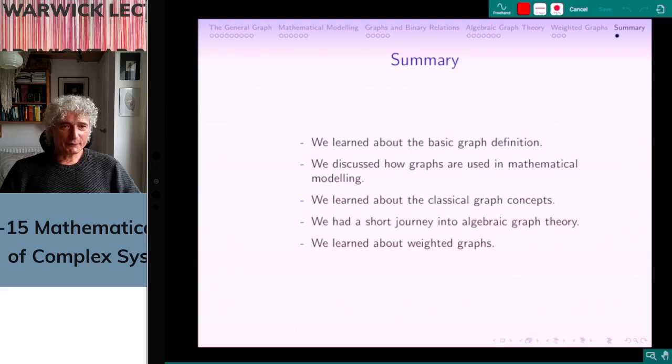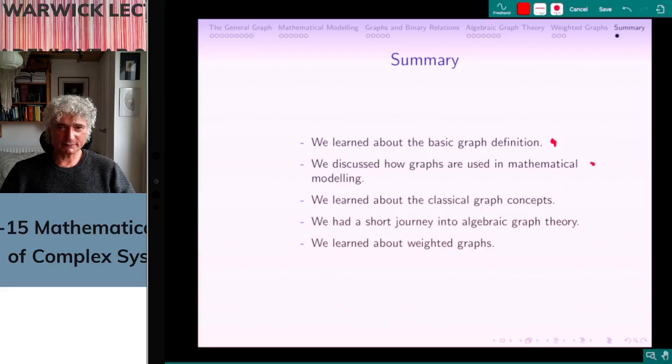Let's go through the summary as usual. So we learned about basic graph definitions. We discussed how graphs are used in mathematical models. Remember, here we introduced a classification scheme based on types. This will be a topic that runs through the whole lecture from the beginning to the end.